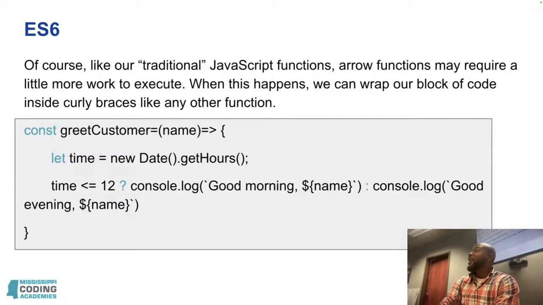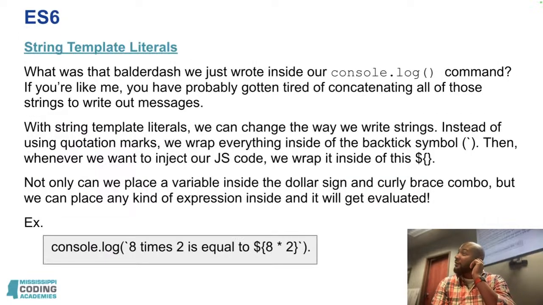So this is looking at the time of day and saying, if the time is less than or equal to 12, meaning whatever hour it is, then we'll console.log good morning. Oh, what's this weird thing right here? Good morning name, else console.log good evening name. What is this witchcraft? What was that balderdash we just wrote inside our console.log command?